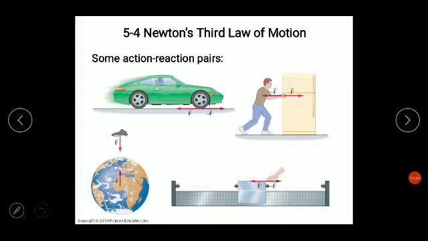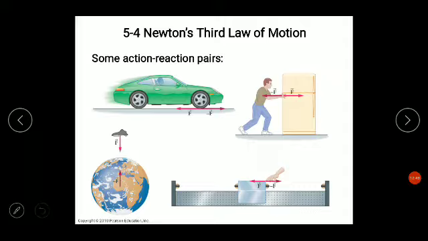However, the Earth doesn't necessarily accelerate upward because the Earth is comparatively bigger than the airplane. In this case, the airplane is very small.